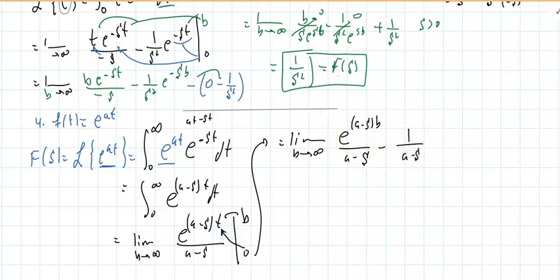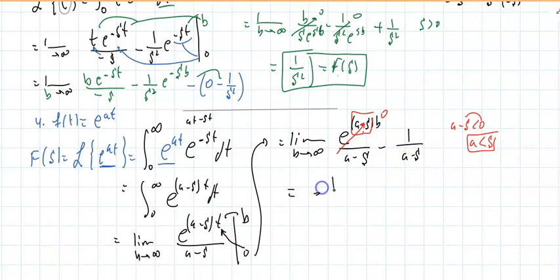Now, the limit as b approaches infinity, this exponential will get to 0 if this is negative, if a minus s is less than 0, or if s is greater than a. And that would equal, let me just check really quick, yes.